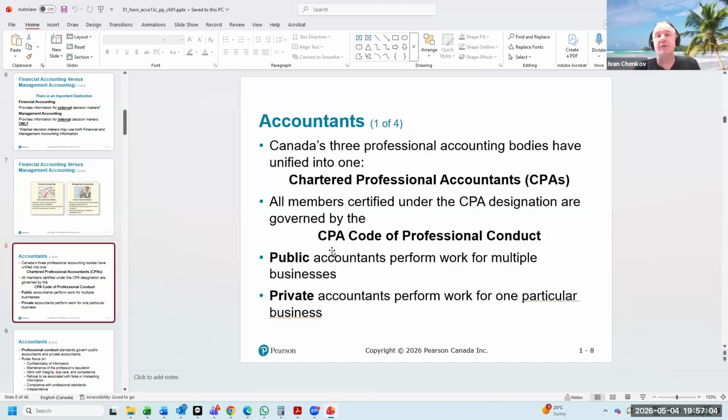Then we have industry or private accountants, who deal with a specific business. Private accountants are not only dealing with taxes and audit, they're dealing with all the other aspects of accounting, including managerial accounting, finances, decision making, and the organization of the company structure and how that structure helps the owner achieve their objectives.